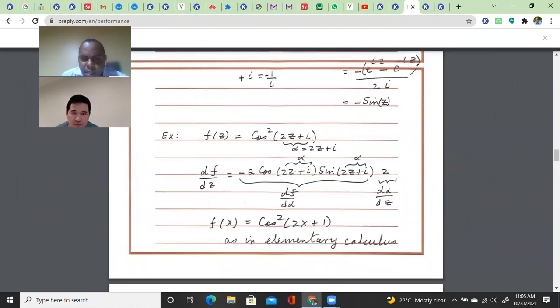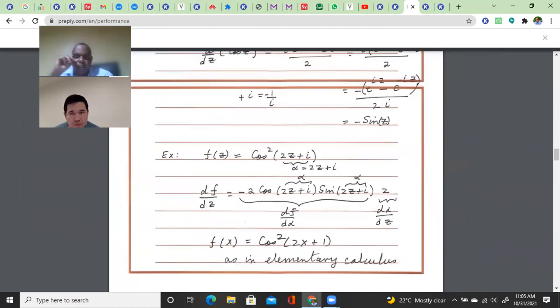And there is something else we didn't talk about. We have talked about checking whether a function is analytic, that is checking whether a function is differentiable, right? What do we do when we find out that a function is differentiable?